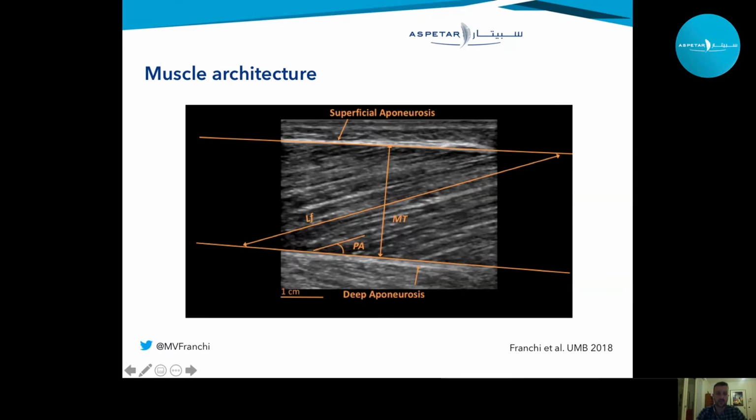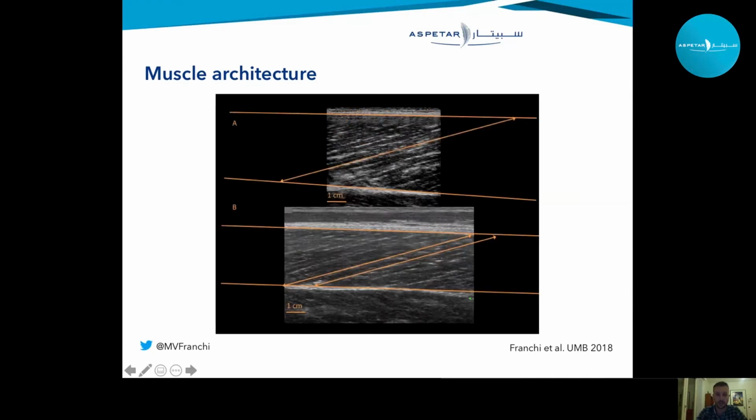You can appreciate that here we have almost the full portion of the fascicle within the field of view, and we're just extrapolating with manual linear extrapolation a couple of bits from one side and the other side. But there are situations in which the field of view is restricted, so this is a 4.2 field of view, and the extrapolation is more. But also there are probes and transducers.